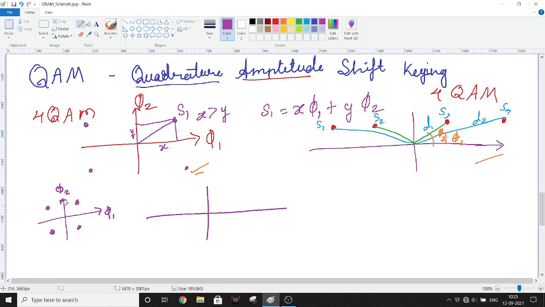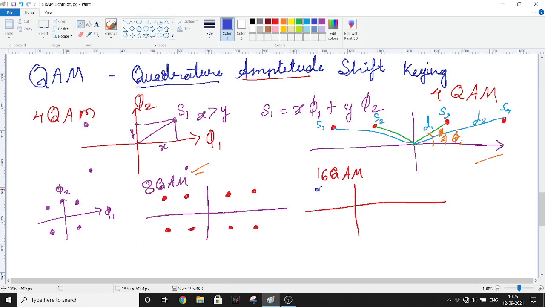I have now 8 QAM, 16 QAM. Remember, what all I'm drawing right now are all traditional way of representation, not really needed to be so.